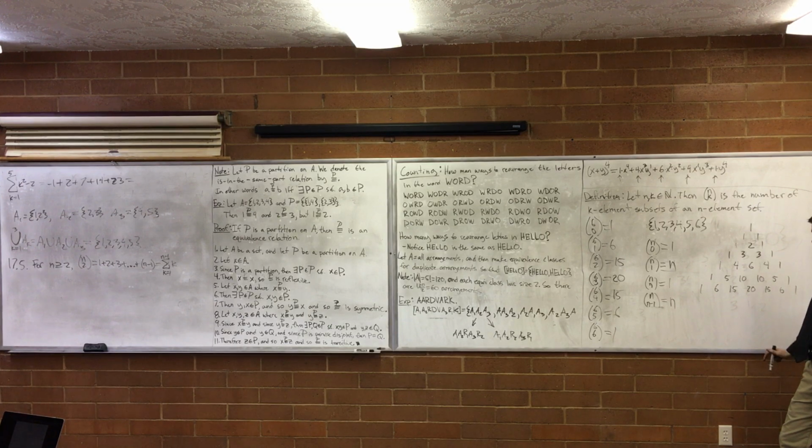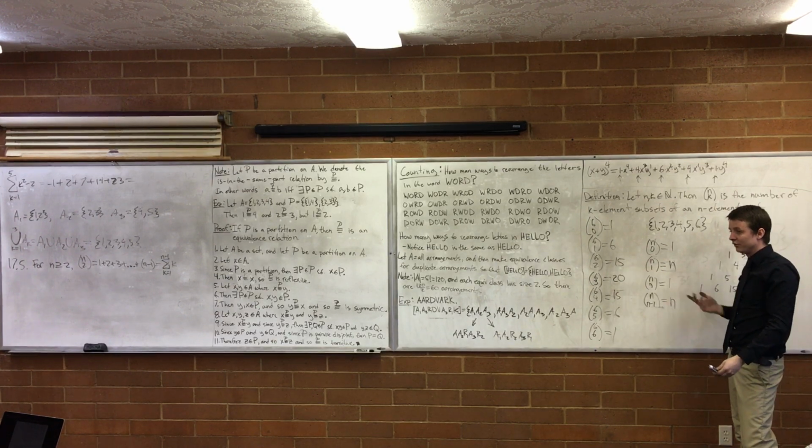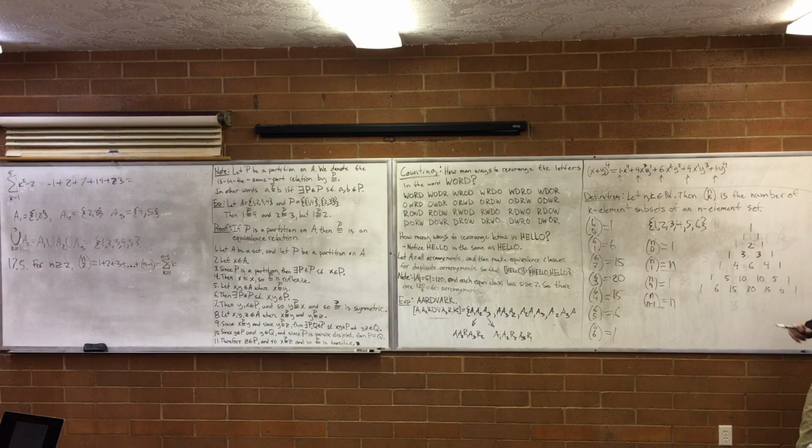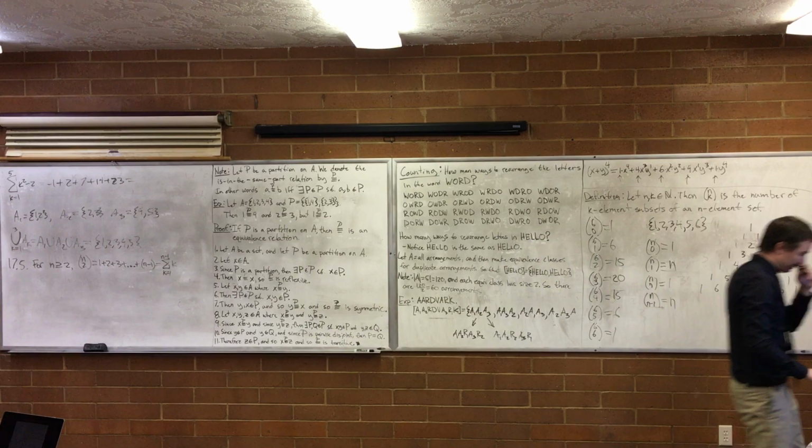For 7 choose 2, what would that give you? 21. I was thinking of 8 when I said 7. Just add 6 to that: 6 plus 5 plus 4 plus 3 plus 2 plus 1. Okay, so he just states it.